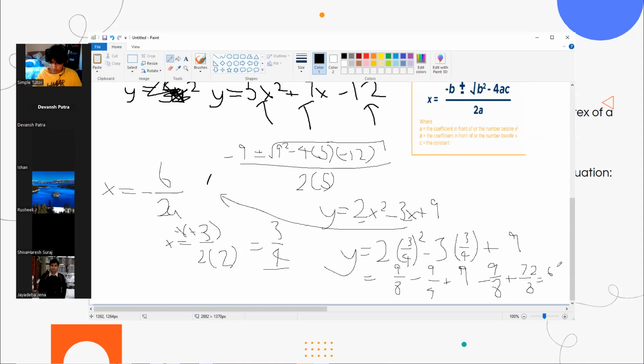So our answer is 63/8. This is our y coordinate, so the vertex is 3/4, 63/8.